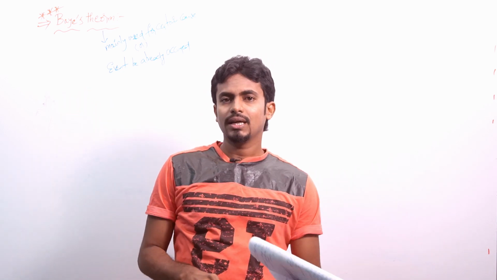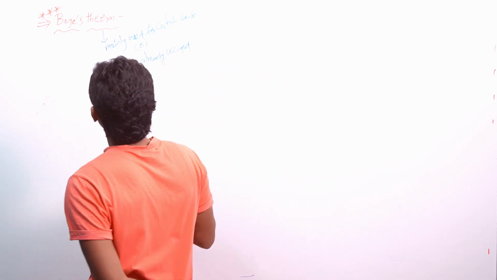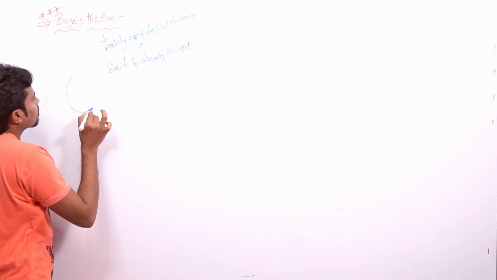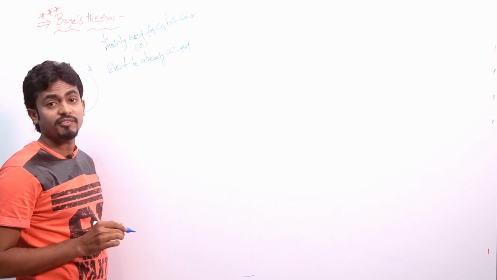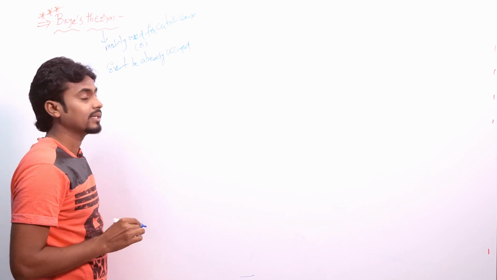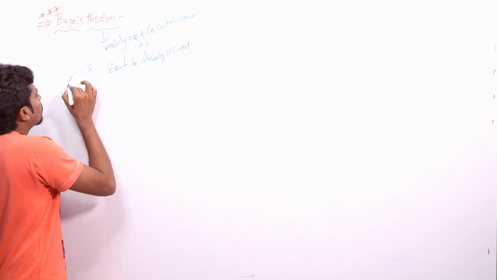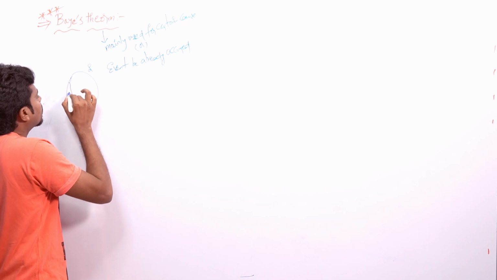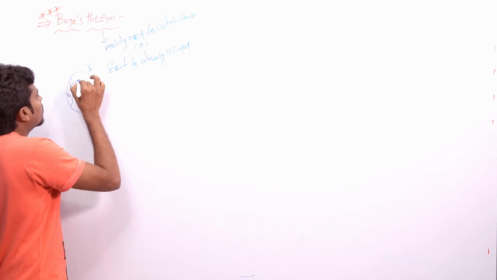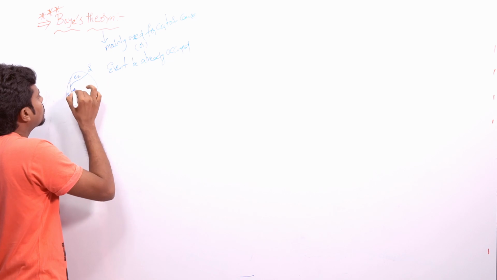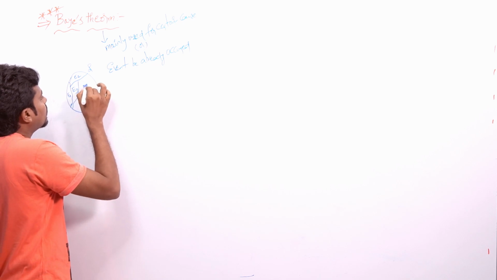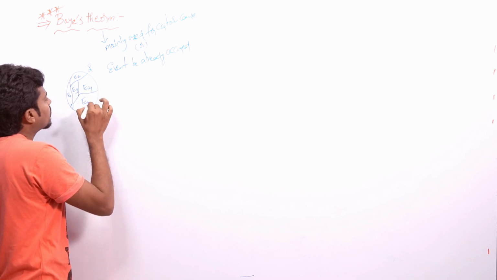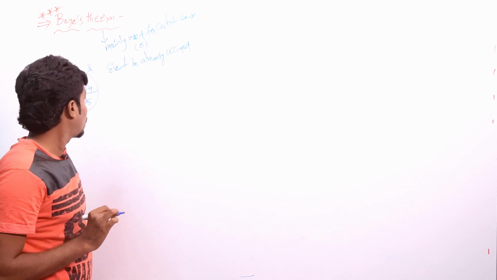Suppose, for example, I take a sample space. For this sample space, suppose this is the event E1, this is the event E2, this is the event E3, this is the event E4, and this is the event E5.